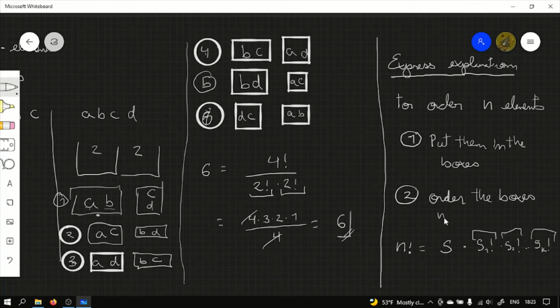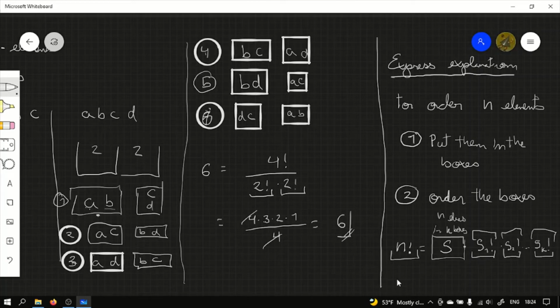And here is n elements in k boxes. This is what we want to know, how to put n elements in k boxes, and these are the amount of orders that we can put the elements in each of the boxes. And these are all the orders of elements.